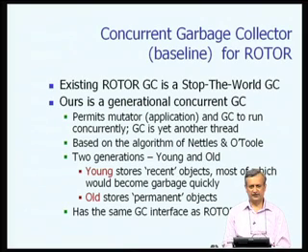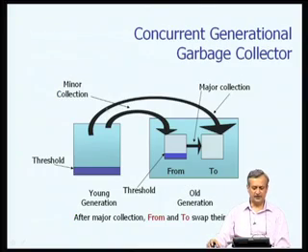As I said, in a generational garbage collector, as the objects mature, they become older and they are not deleted or released by the program. They become older and they will be moved to this permanent object space. It has the same garbage collector interface as rotor garbage collector. So, interfacing was easy.